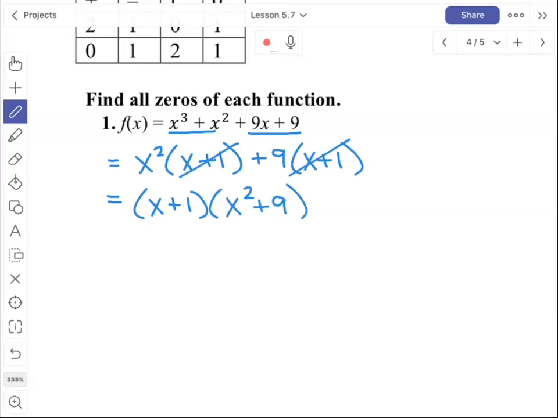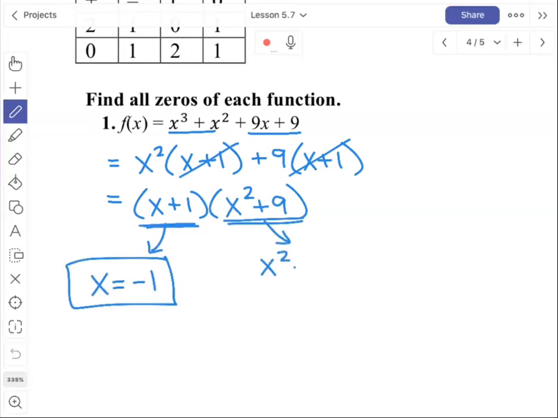All right, and I want to find the zeros from these factors. So here, this will get me x is equal to -1. Here, I get x squared plus 9 is equal to 0. x squared is equal to -9. Square root, and don't forget that plus or minus.